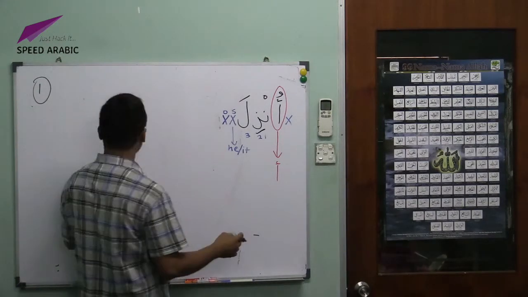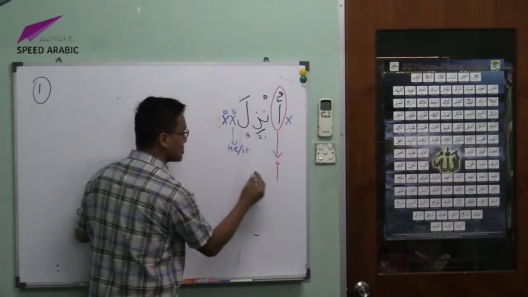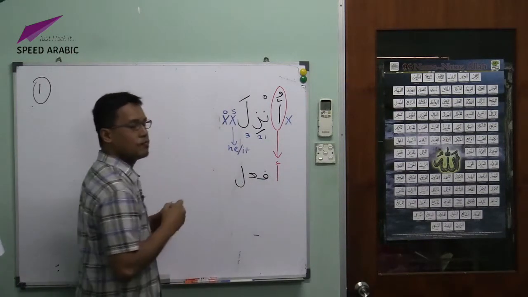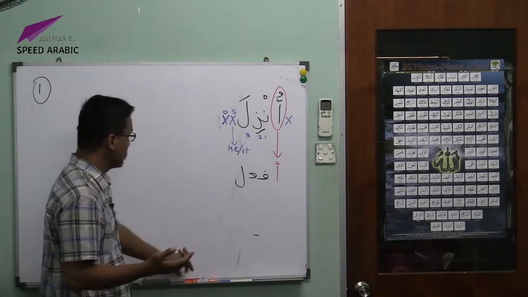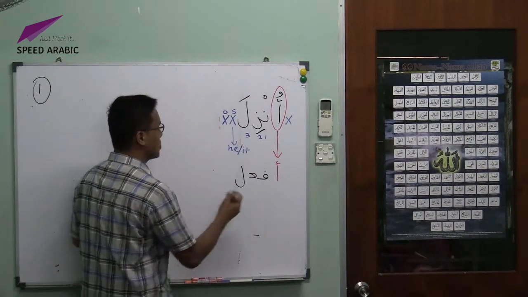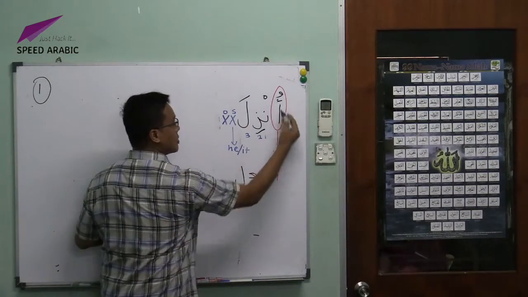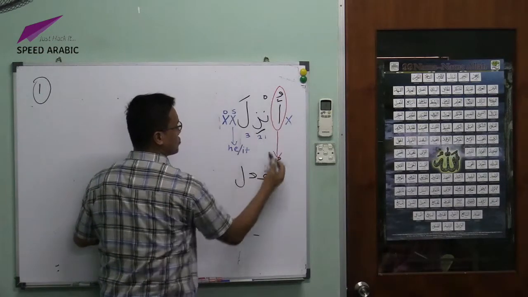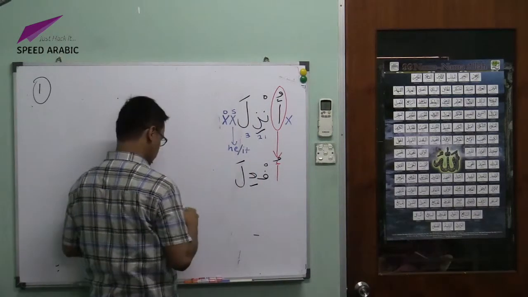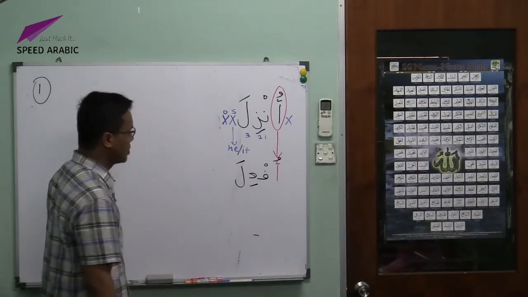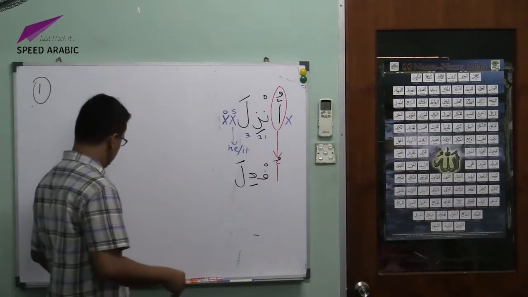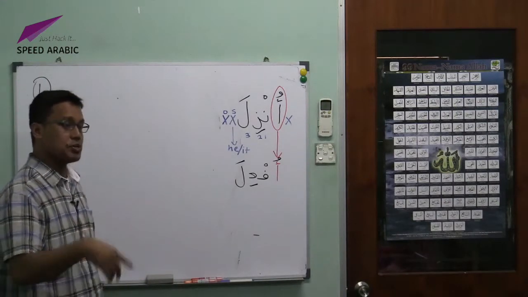And then follow all strokes: dhamma, sukun, kasra, and then fathah. Okay, so the form is ila. What do you do next?